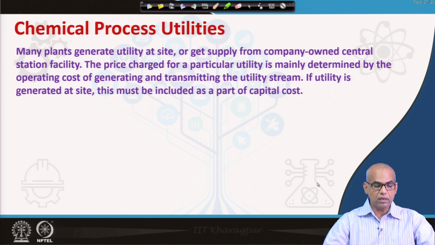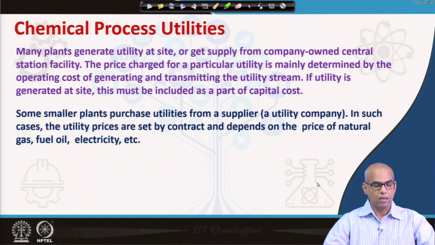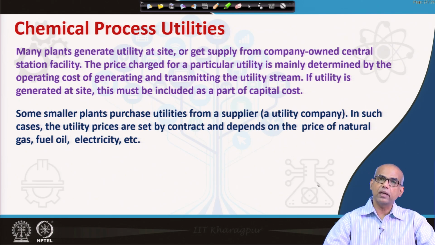If the utility is generated at site, this must be included as part of capital cost. Some smaller plants purchase utilities from a utility company. In such cases, the utility prices are set by contract between these two companies and generally depend on the price of natural gas, fuel oil, electricity, etc.